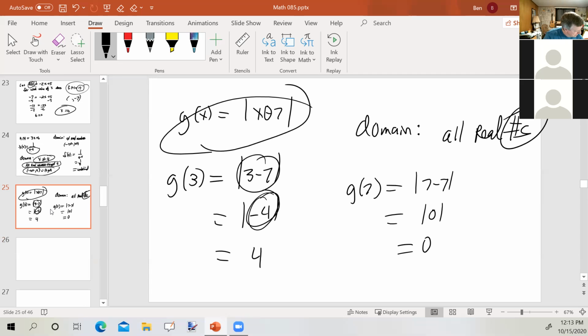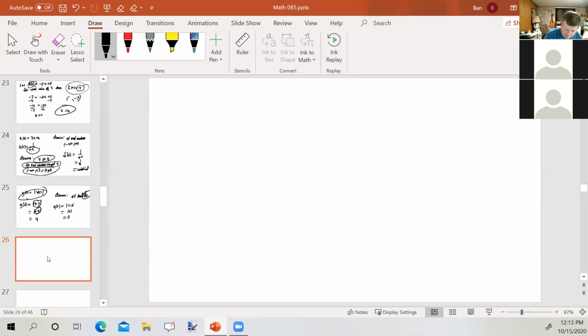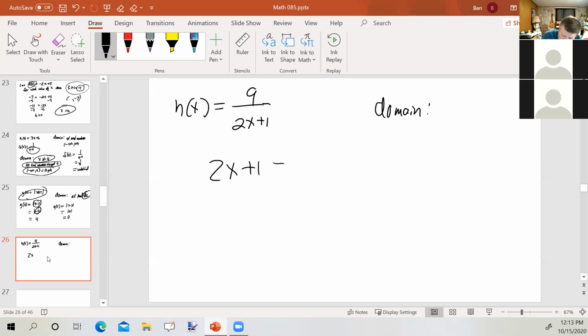Okay, now, how about this one? h of x equals 9 divided by 2x plus 1. What's the domain? So the question is, what's not in the domain? When will 2x plus 1 equal 0? Well, let's take the denominator, set it equal to 0, and solve it.